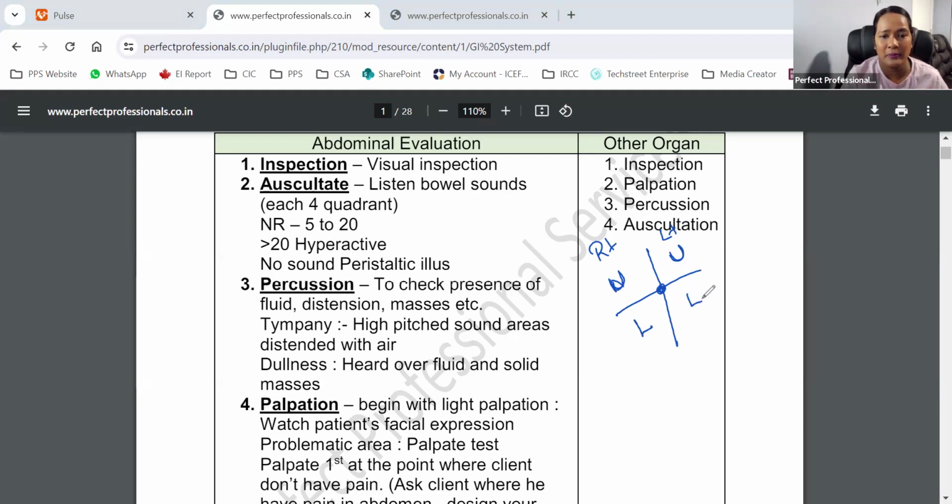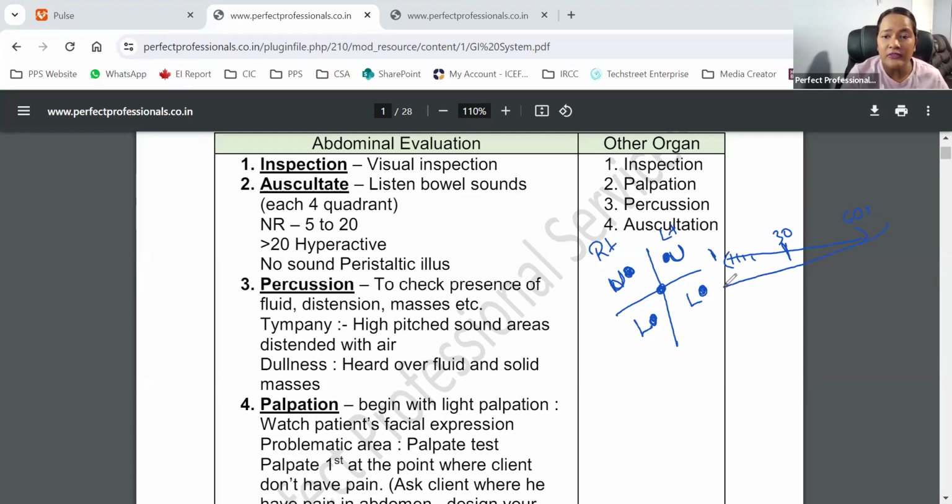That's it. We place the stethoscope on every quadrant and listen to the bowel sounds, for a complete 1 minute. This is 30 seconds, this is 60 seconds, starting from 1.